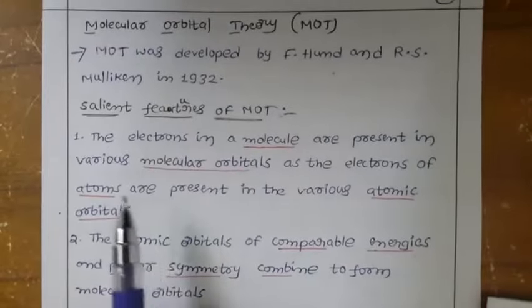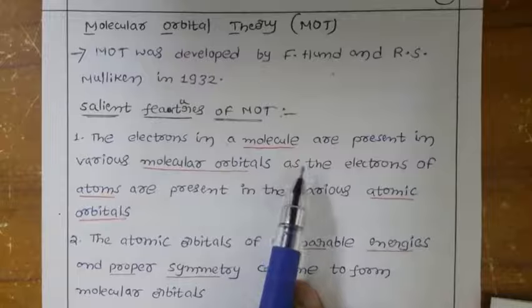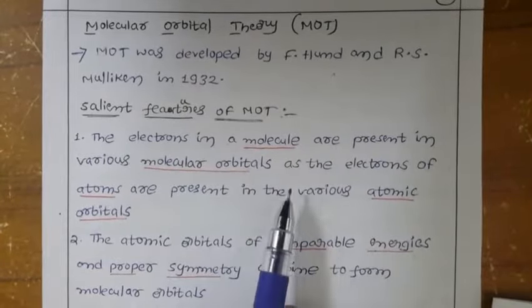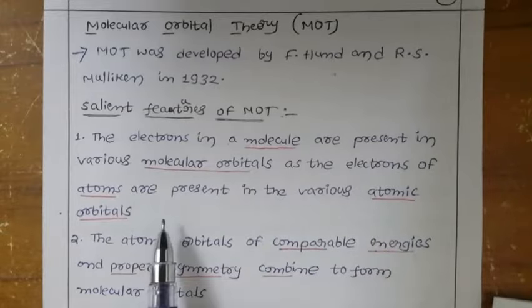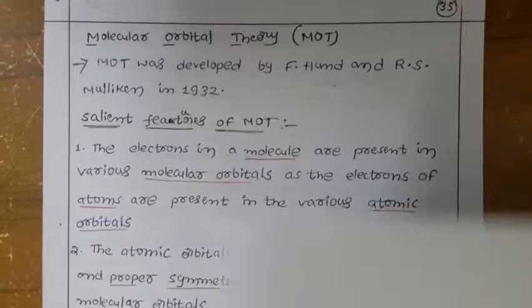So the first one: the electrons in a molecule are present in various molecular orbitals, as the electrons of atoms are present in various atomic orbitals. What is the meaning here?